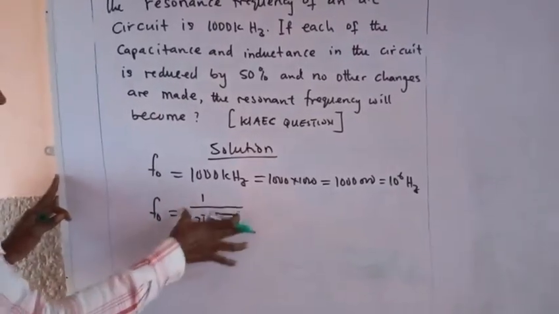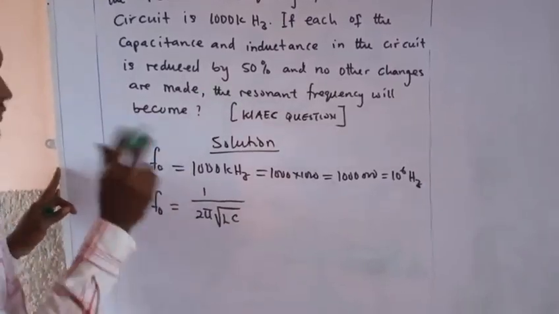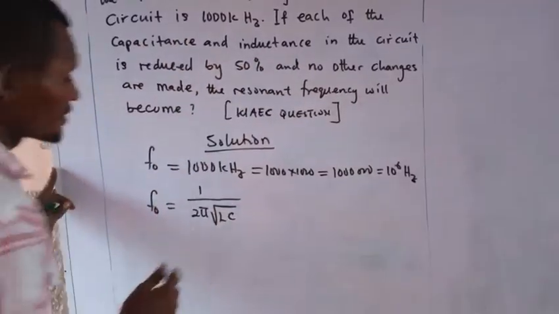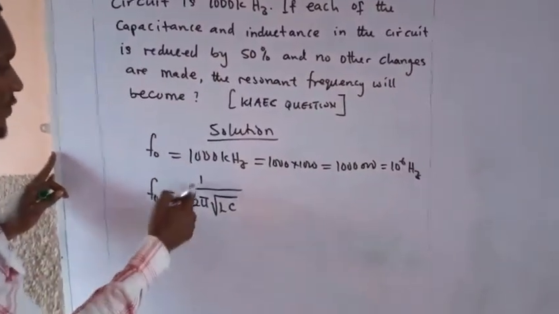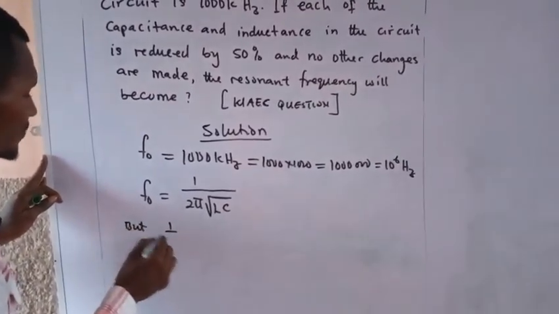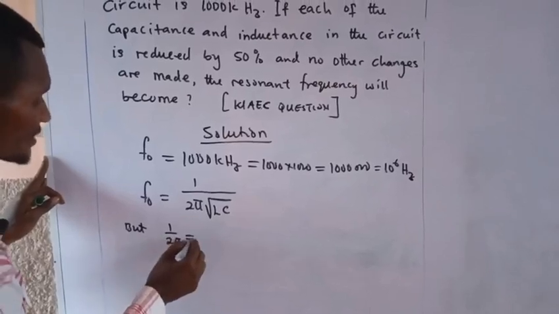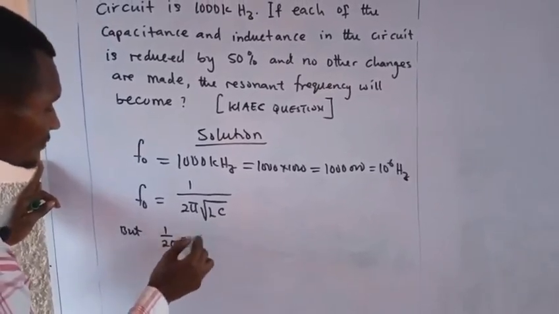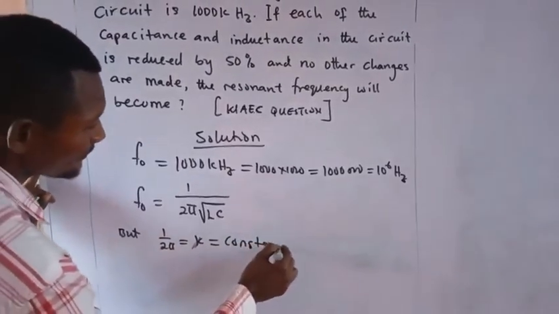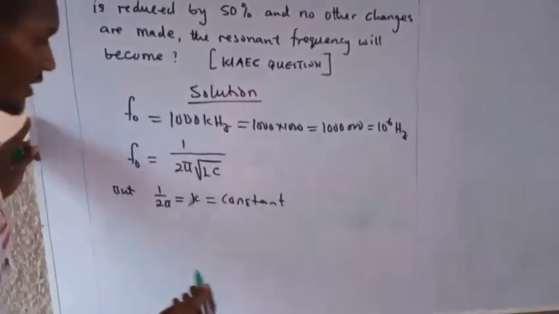So we have to form an equation here so that I can solve for both of them when the capacitance and the inductance are reduced. In this case, we know that 1 over 2 pi is equal to K, which is a constant.